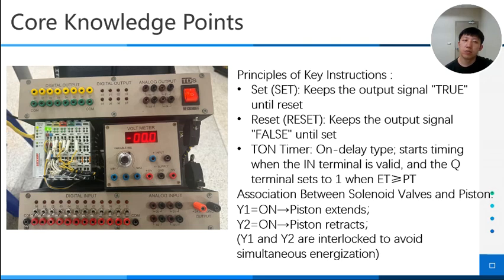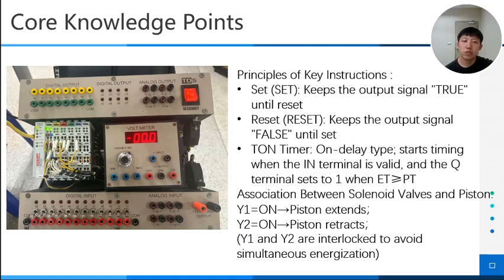This page explains key commands. Set makes the output stay true, on, until we use reset. Reset makes the output stay false, off, until we use set. The till-end timer starts timing when the input works.